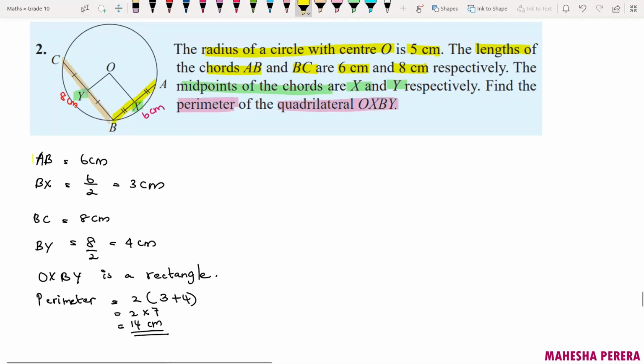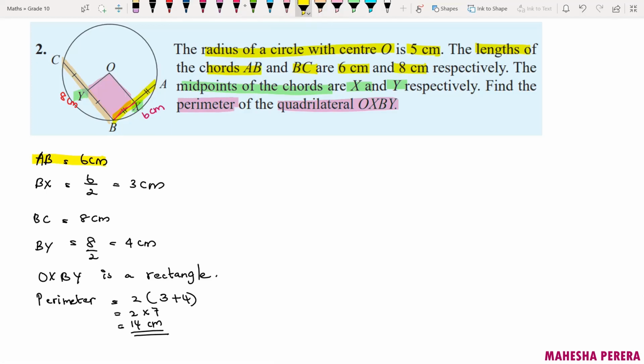The length of chord AB is 6 centimeters, right? Now, where is our quadrilateral? It's here, right? So when we consider the length of BX, that is this length, it should be half of 6 centimeters, right?